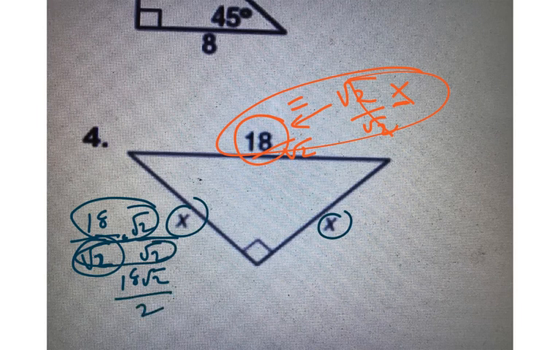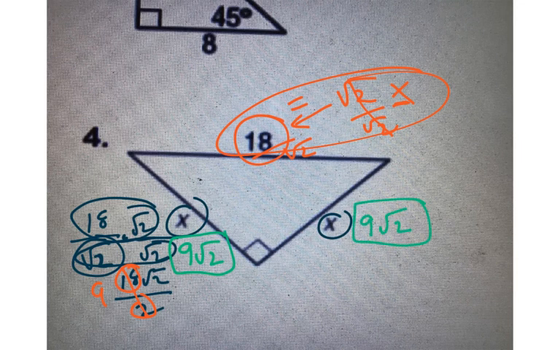Notice I can simplify the 18 and the 2 to 9. So we just found our answers. X is going to be 9 square root of 2. And this x, being the same, is also 9 square root of 2. Pause the video if you need to.